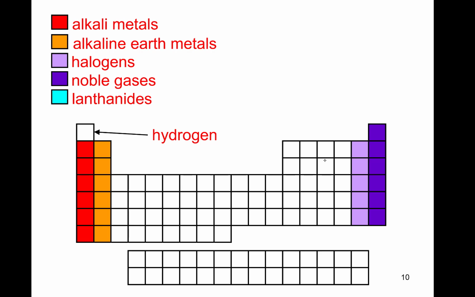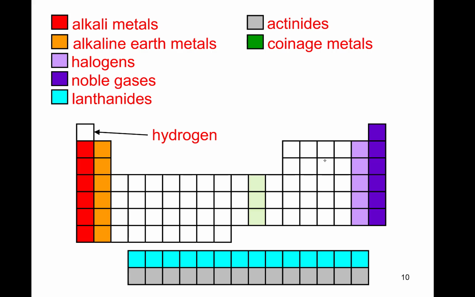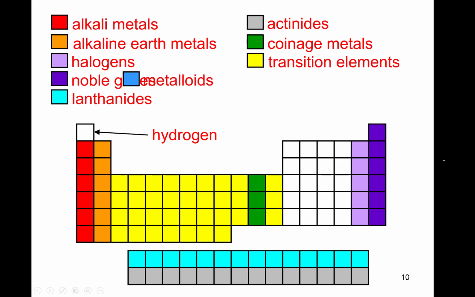The lanthanides are in the F block, the top row. Actinides are the row below the lanthanides. Coinage metals, those are the three I mentioned, copper, silver, gold. Transition elements are all the ones in yellow, including the coinage metals. So everything in your D block is called a transition element.